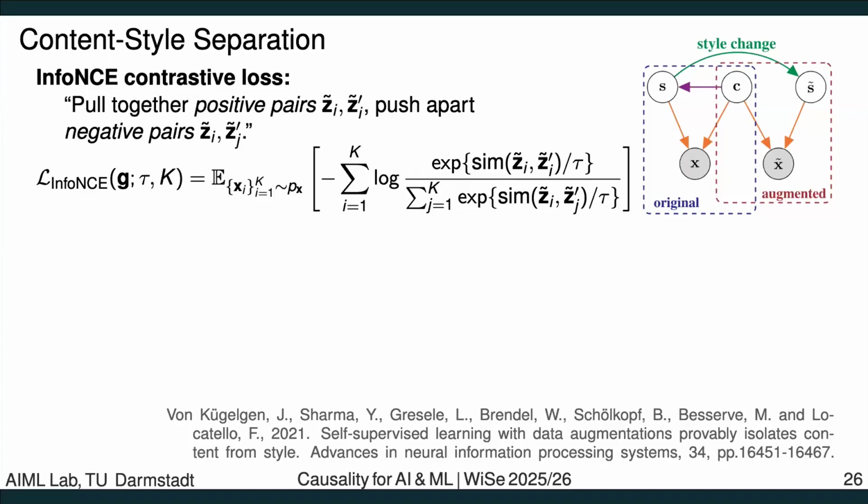So we look at a bunch of images, maybe 20 or 100 or whatever. And for all of those images, we compute a pairwise distance of these latent vectors. If we look at every one of those pairs, we might have a pair where both images show, for example, a cat. So we expect the distance of these latent vectors to be small.